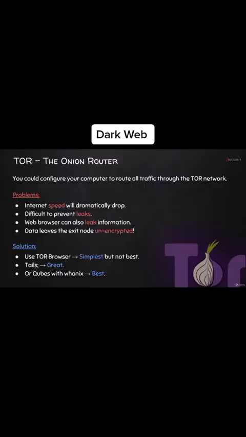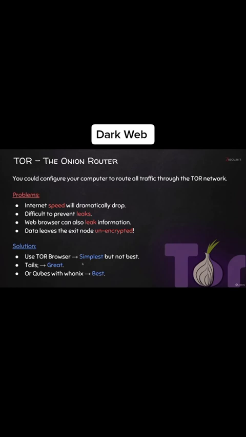So, like I said, there's a lot of steps to do if you want to configure your computer to use the Tor network. And even if you do all of that, you could miss a tiny detail that could potentially leak information and reveal your identity. Therefore, a better solution is to use the Tor browser, and we'll talk about that in the next section.